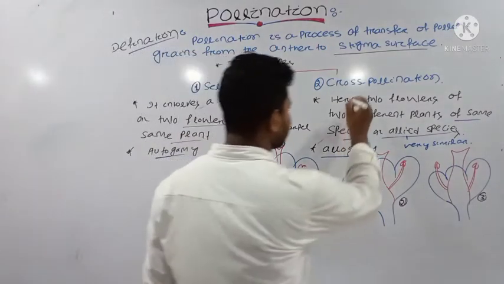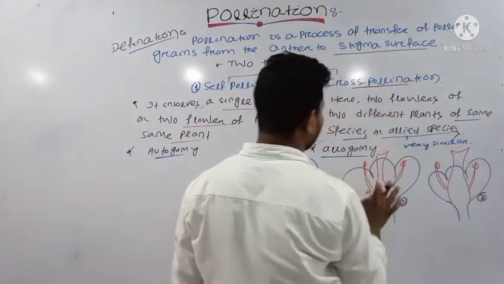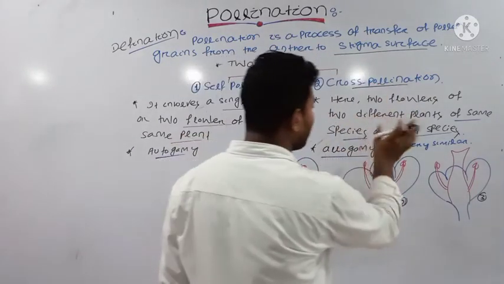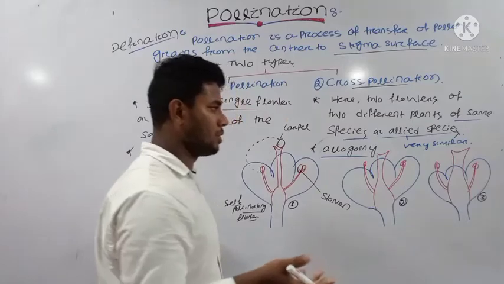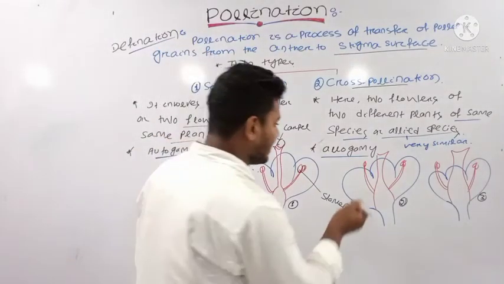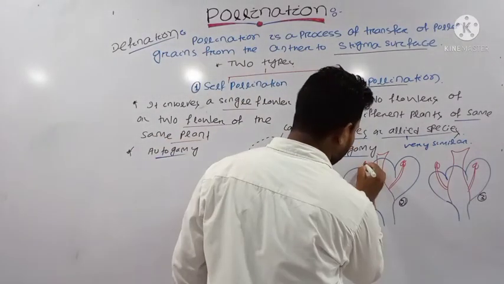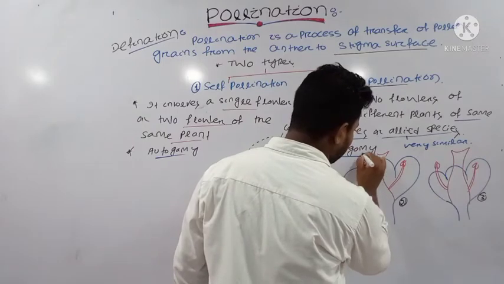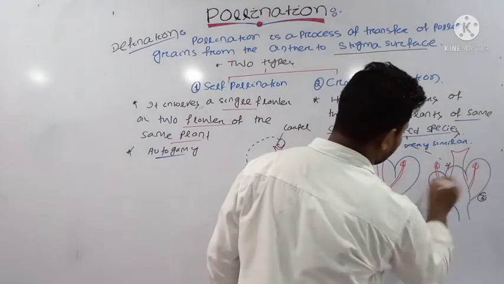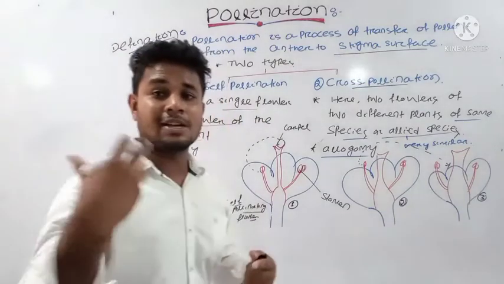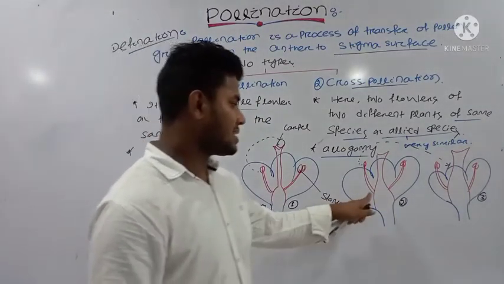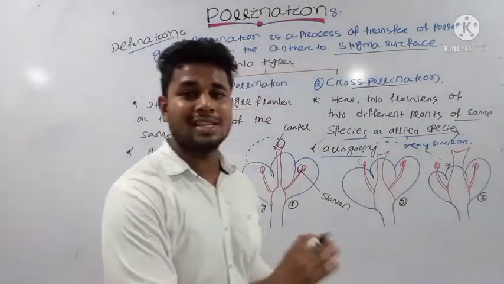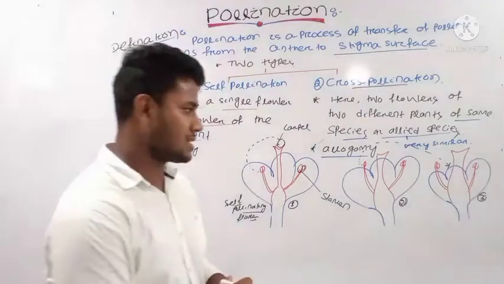Then the cross-pollination process, here you can see the different definition. Two flowers of two different plants are involved. When the pollen grain of this flower falls on the surface of a flower of a different plant, this is another plant, this is another plant, then this process is called a cross-pollination process.